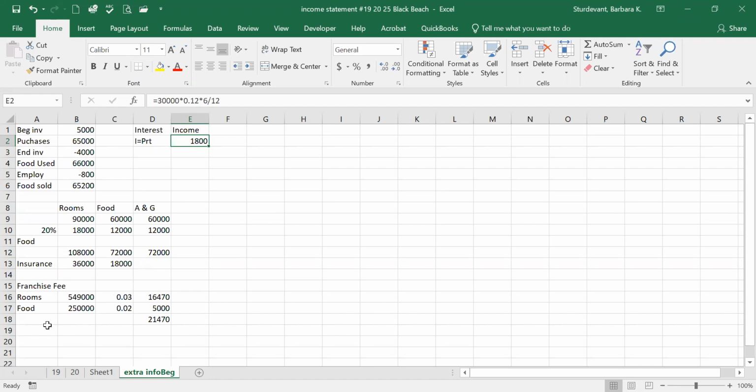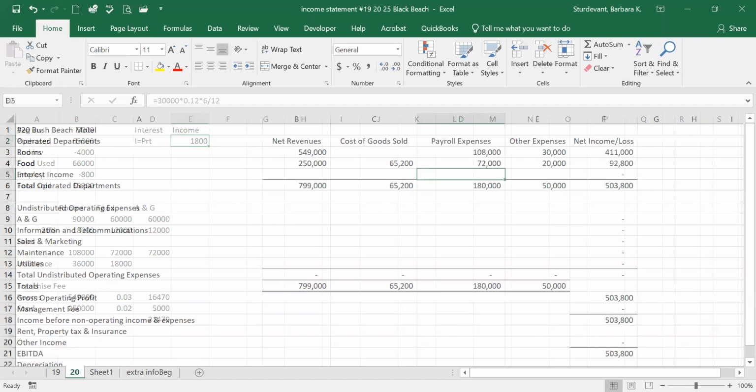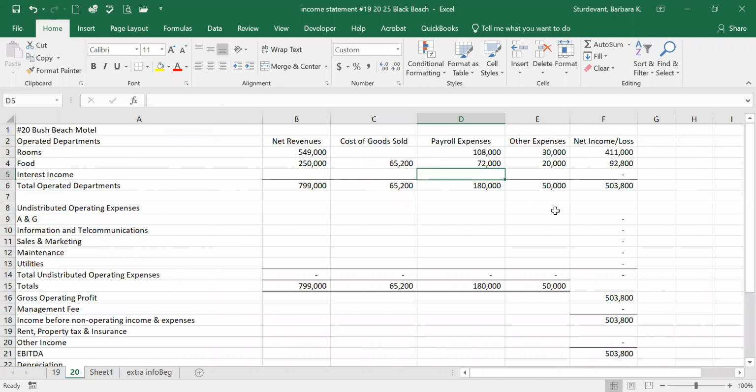We had to calculate the franchise fee in this one. It was based on your sales, 3% of room sales, 2% of food sales. So this is our franchise fee that we calculated, and it goes into sales and marketing. And I think that catches up to what I had done. And then the big thing here, make sure you subtract these off. These are expenses.